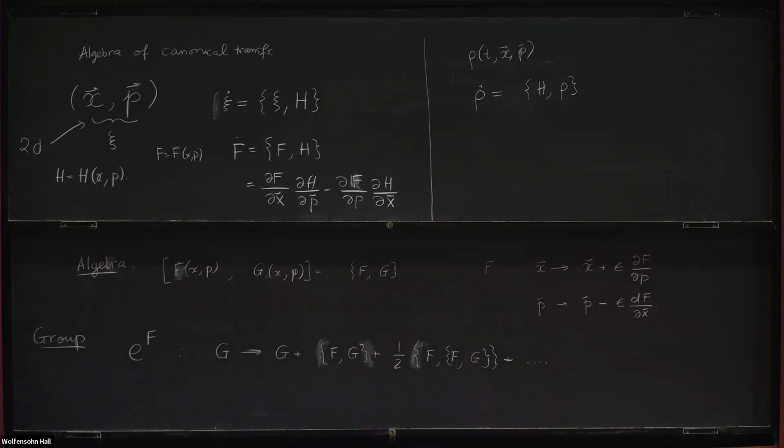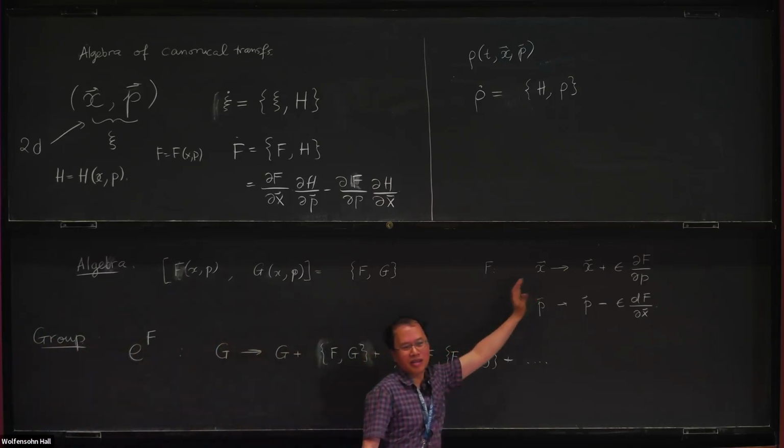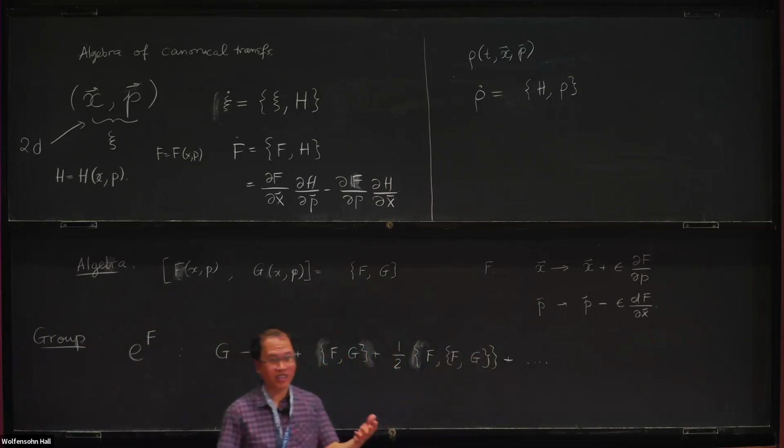Actually, I'm mixing up the mathematical terminology. What I'm writing is a representation of the group of canonical transformations called the adjoint representation. But from the physicist's point of view, one can think about that as the definition of the group, as the group of finite canonical transformations. What I'm writing here is just this kind of transformation, but exponentiated.